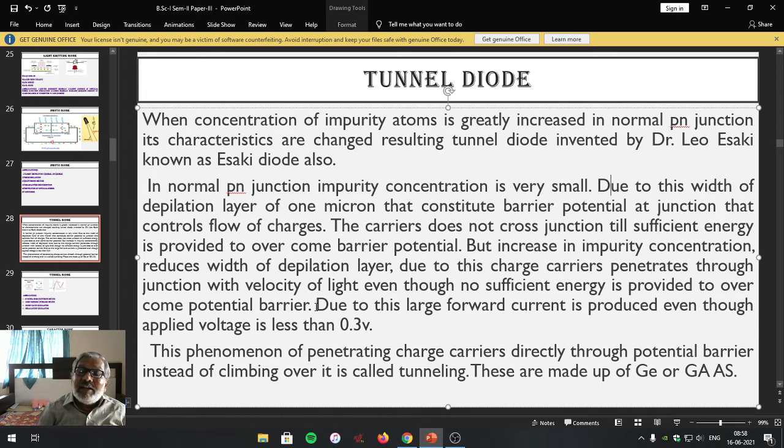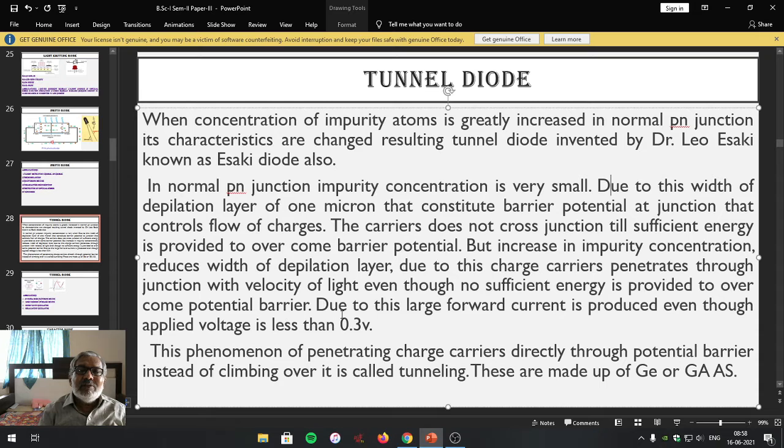The action of penetrating the charge carriers through the junction is known as the tunneling action. The diode so generated is called a tunnel diode, and this peculiar property was first discovered by Dr. Leo Esaki. So that's why the same diode is called the Esaki diode.